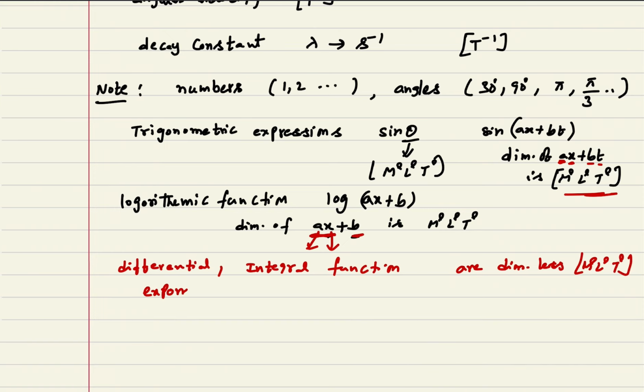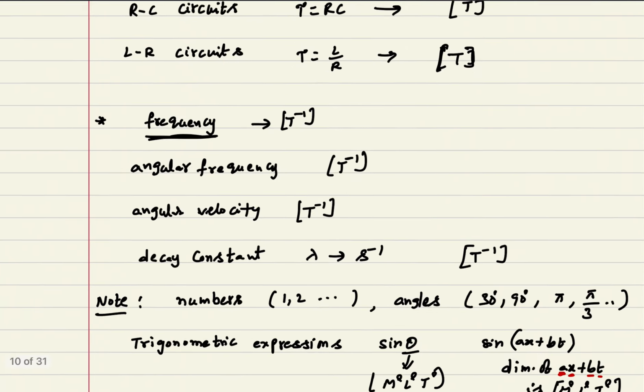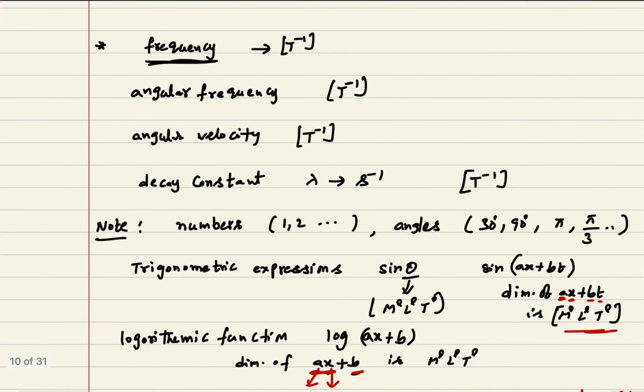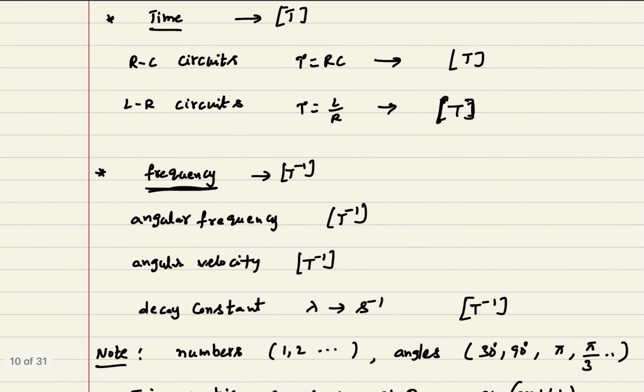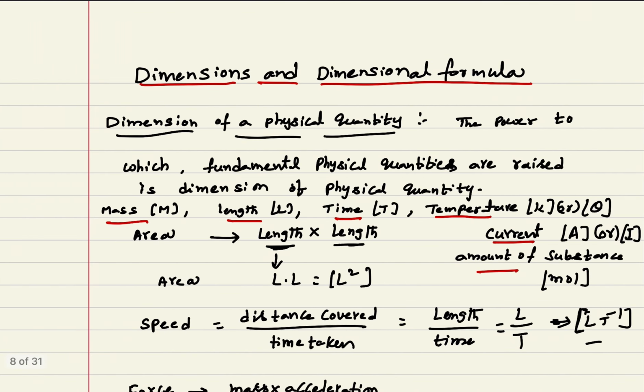Exponential functions also, whatever mathematical functions there are, they are dimensionless, meaning m power 0, l power 0, t power 0. Keeping all these points in mind, we are going to write the dimensional formulas of some physical quantities. I am going to show you how it will be.